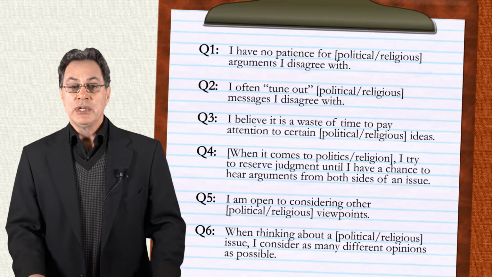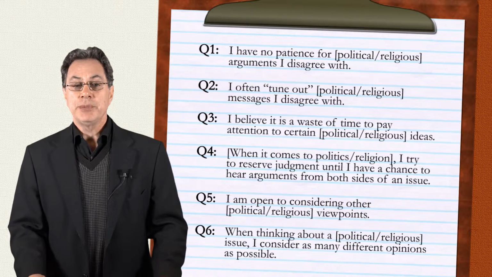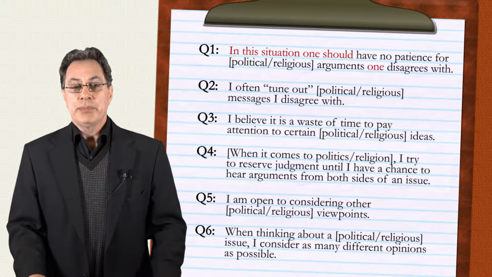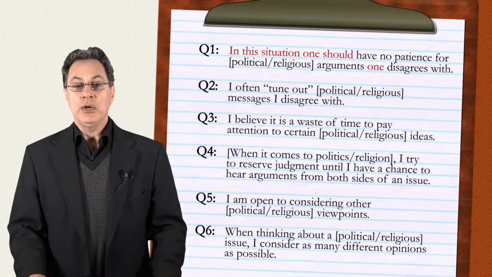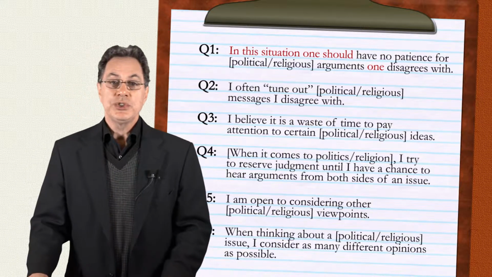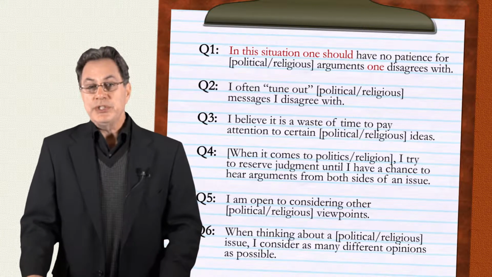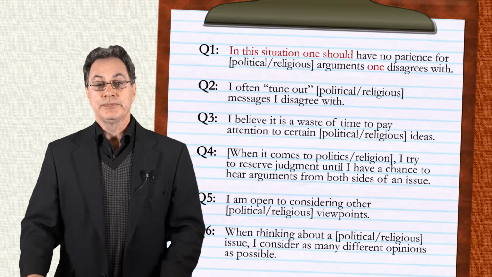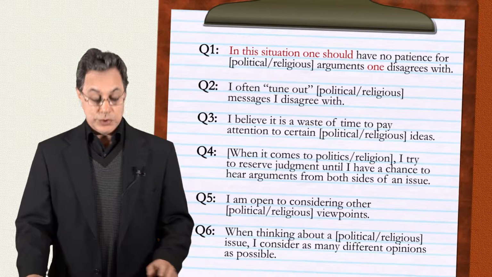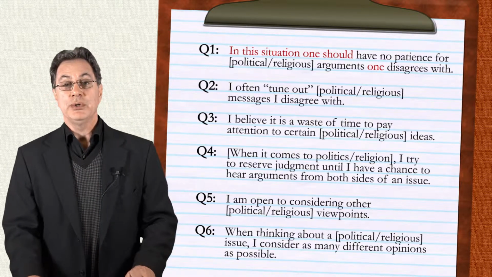For example, to measure open-minded normative perceptions, the first item was simply changed by inserting "in this situation" and "one should" into the item. So the first item becomes, "in this situation, one should be open to considering these viewpoints." And we did the same thing for the remainder of the items. But otherwise, the item content corresponds quite closely to the open-minded cognition measure that you have already seen.